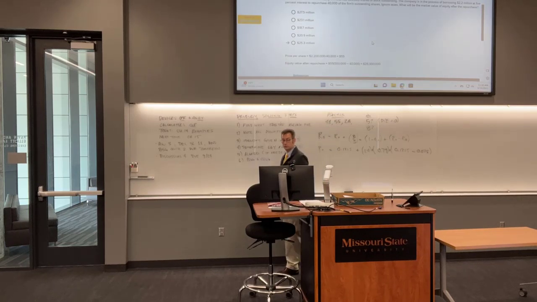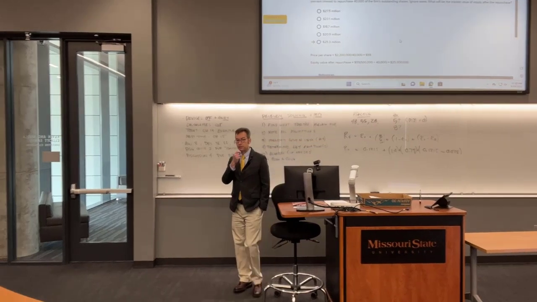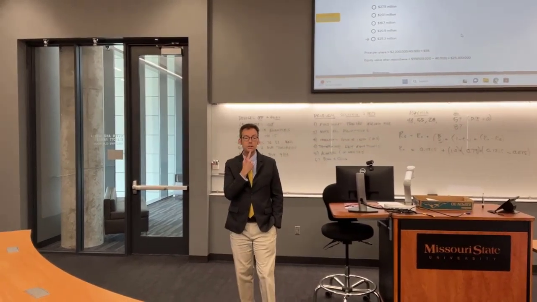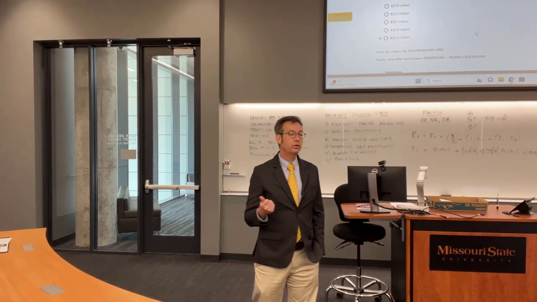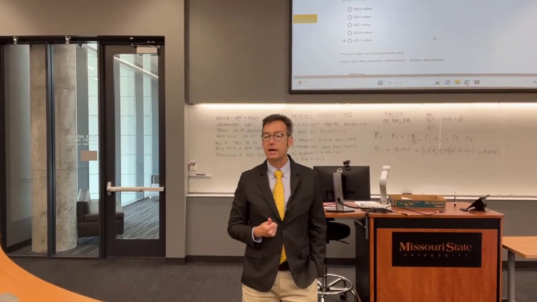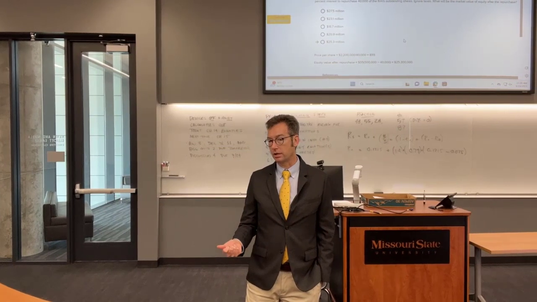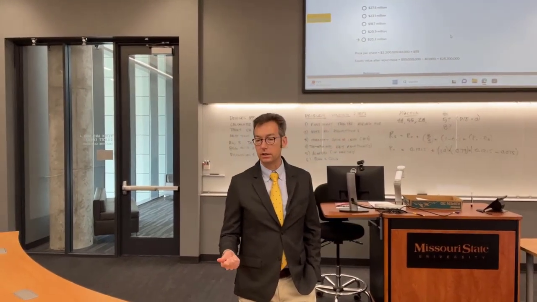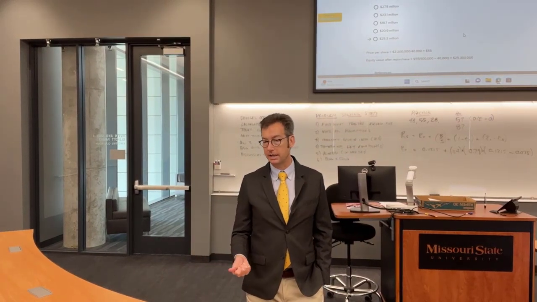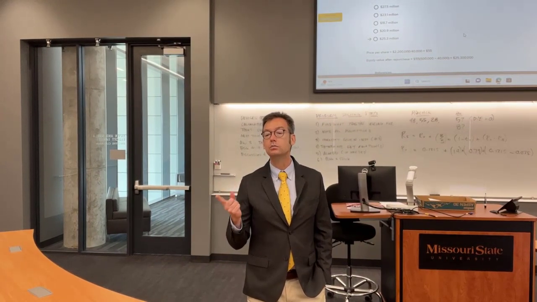So here's what goes on in finance, and this is a common question: why do you give us more information than we need? The answer is because in real life, we actually have less information than what we need. If I gave you less information than what you needed, you would hunt me down and try to break my legs. But I can give you more information and let you think through it.